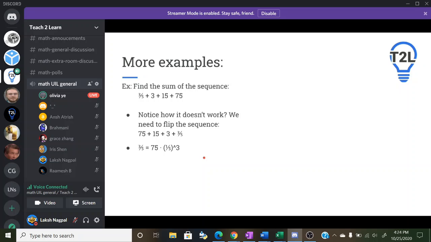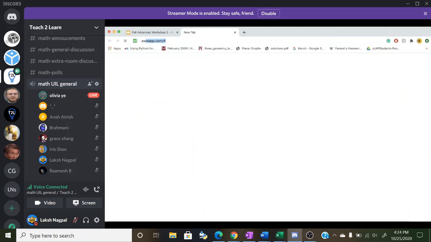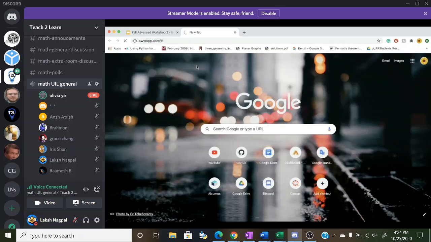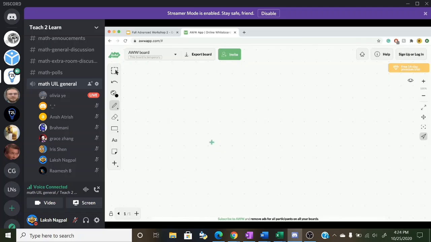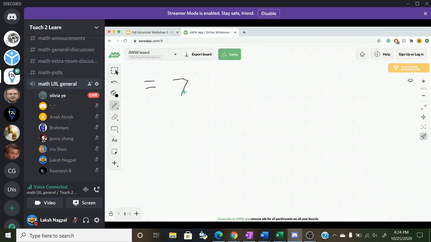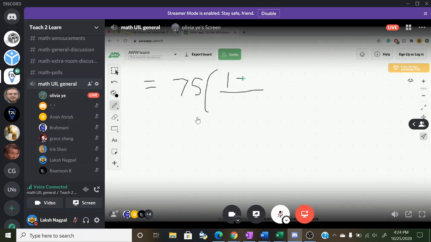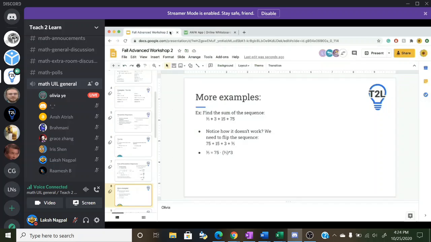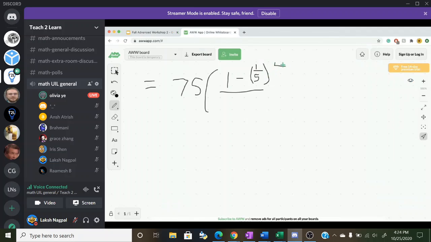Since fractions are really hard to type on here, I'm going to just write it out. After we flipped it, the first term becomes 75. So with the formula, a is 75, and we multiply by 1 minus, and since the common ratio was 1/5, we raise 1/5 to the number of terms, which is 4 terms here, so we raise 1/5 to the 4th power.